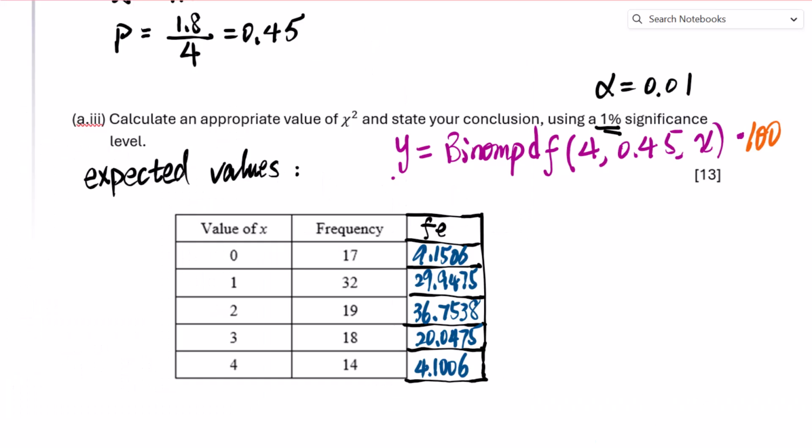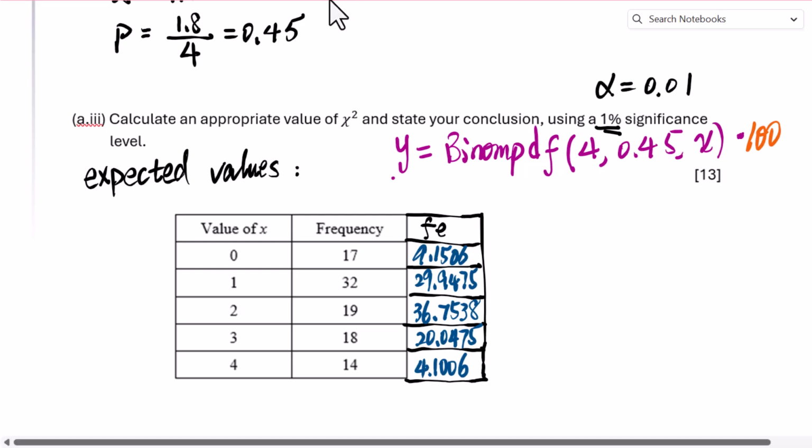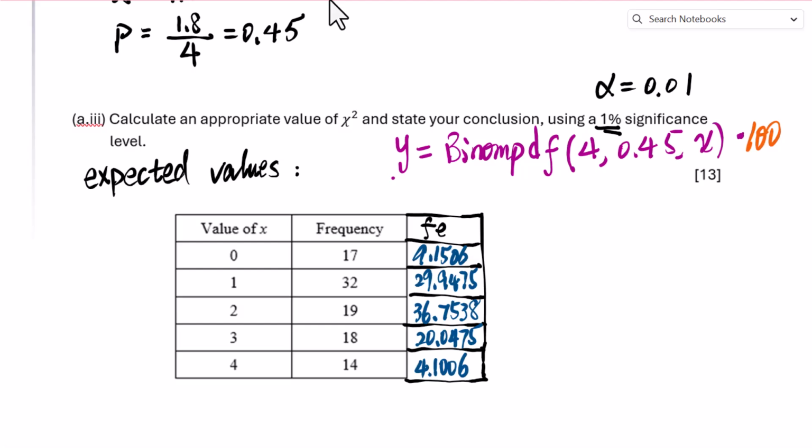Then we need to check whether every single expected frequency is greater than or equal to 5. We could say this is less than 5. We need to combine the groups.